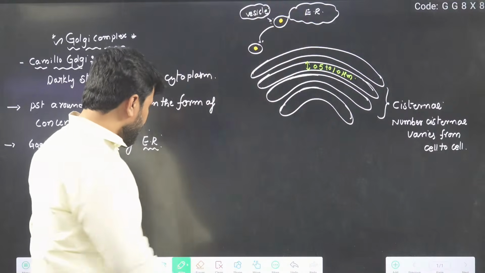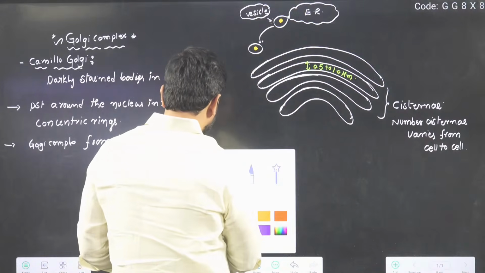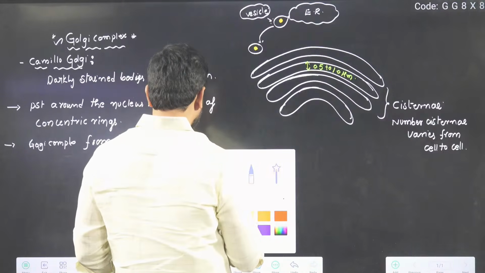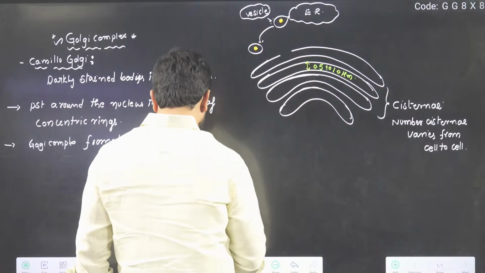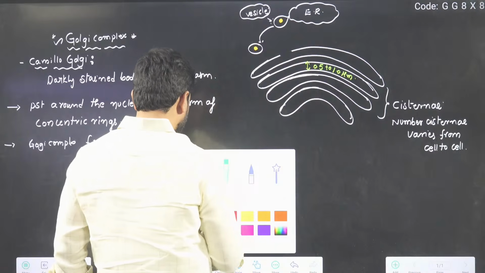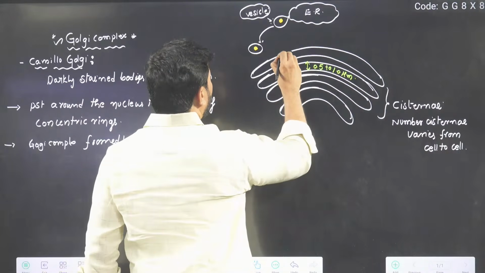Now while they are coming, they come in the form of vesicle. This vesicle will come and fuse with the membrane of our Golgi complex.